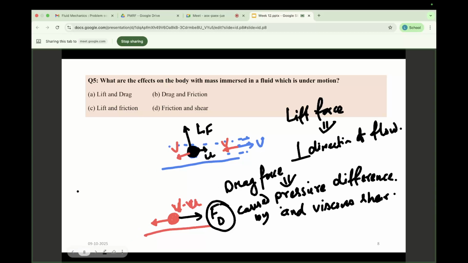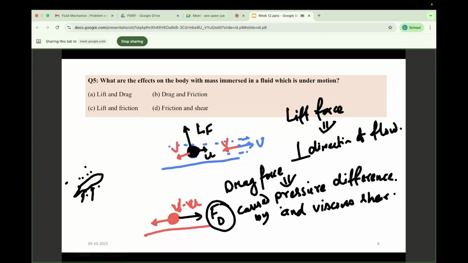Why? See that concept of lift force. If I talk about an aeroplane, why will an aeroplane move upward? Because of the pressure difference, right? As the air is flowing, it will exert some pressure on this wing, and here there is less pressure. So what will happen?